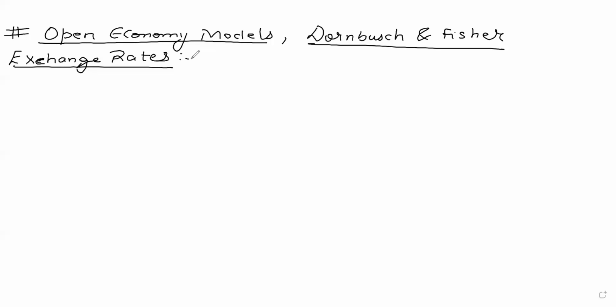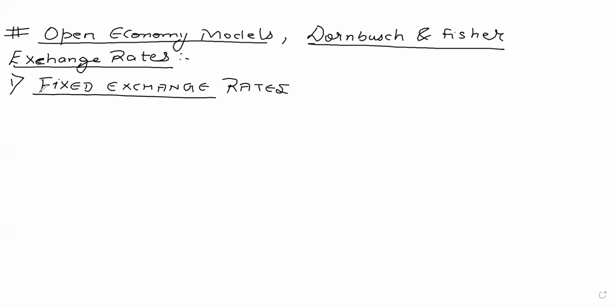Now let us look at the various regimes we have within the exchange rate. The first type of exchange rate is the fixed exchange rate. Let's understand what a fixed exchange rate regime is.